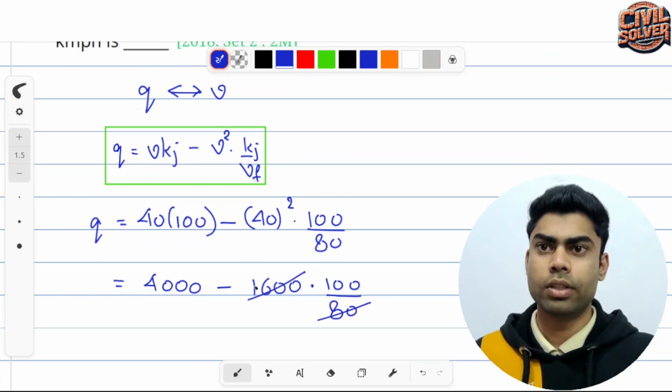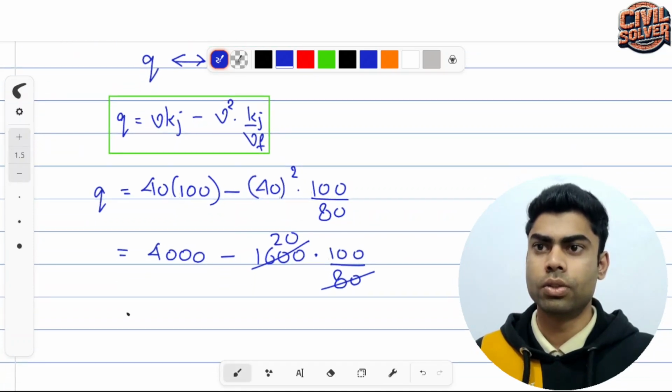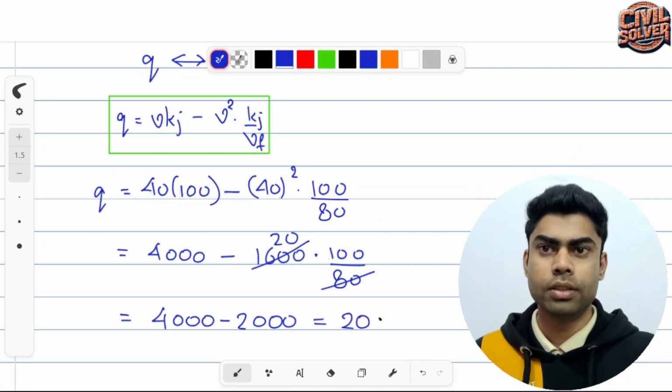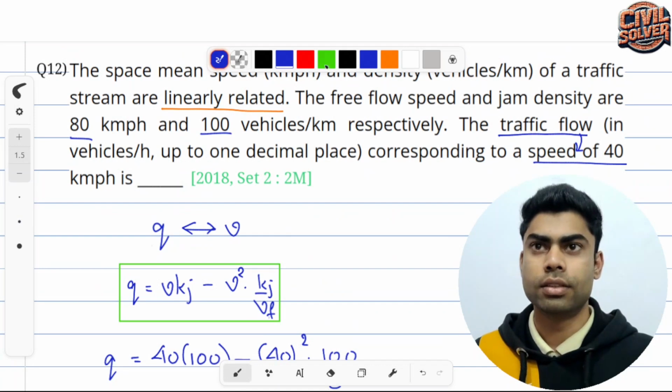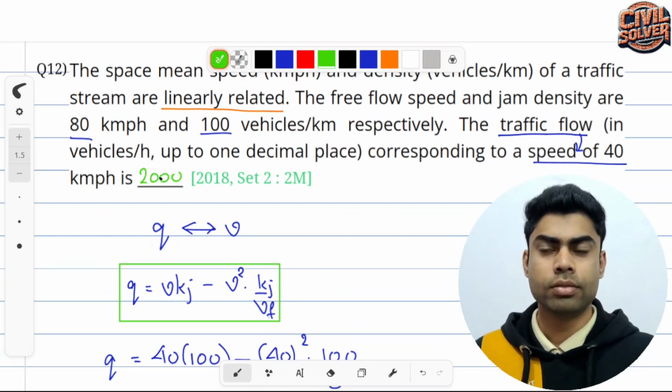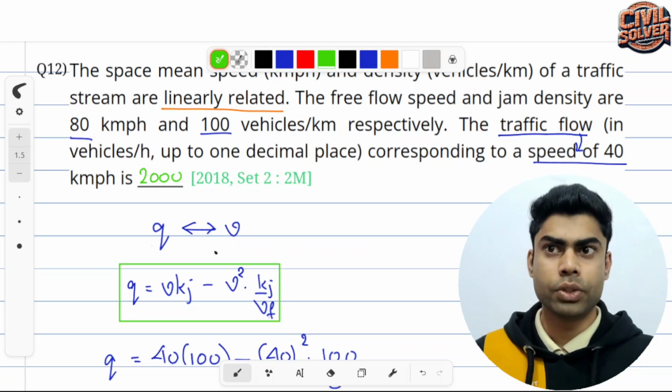This will cancel out by 20, so 4000 minus 2000, which is equal to 2000 vehicles per hour, and this is the answer, 2000 vehicles per hour. Nothing special in this question except this relationship, and we have already established this relationship in question number 3, and we solved that question in part 1 of this series.